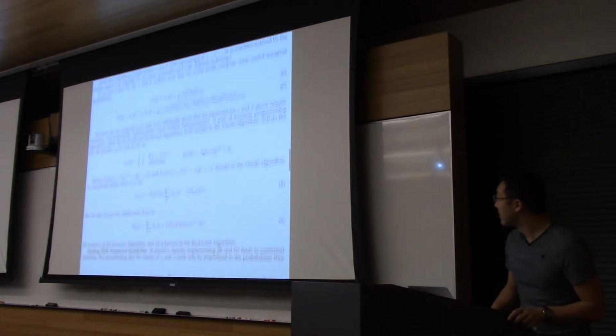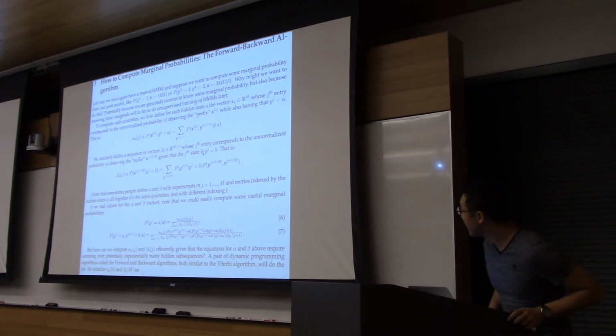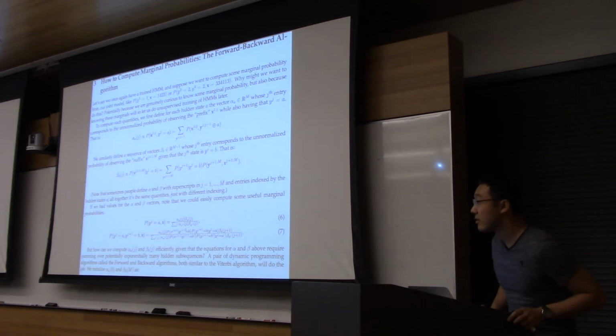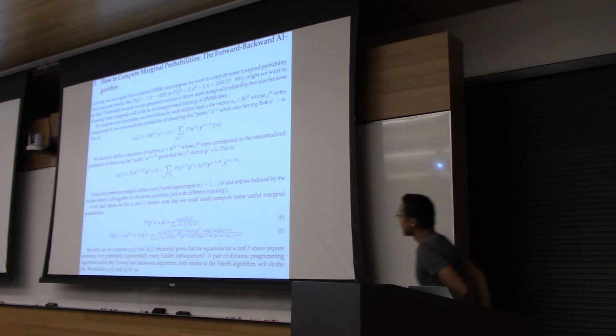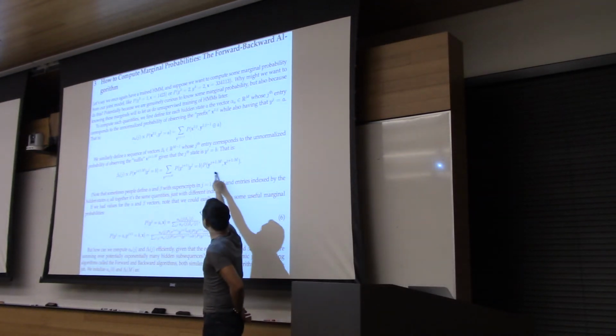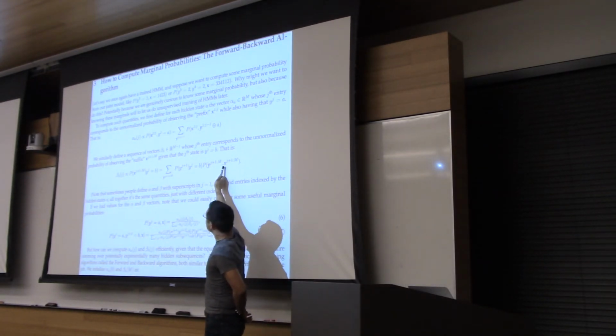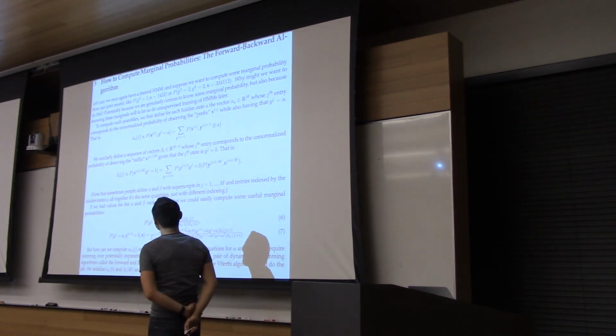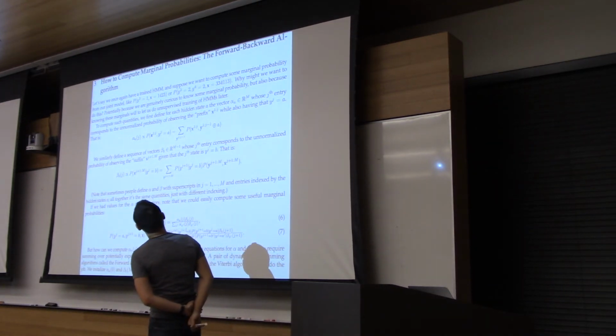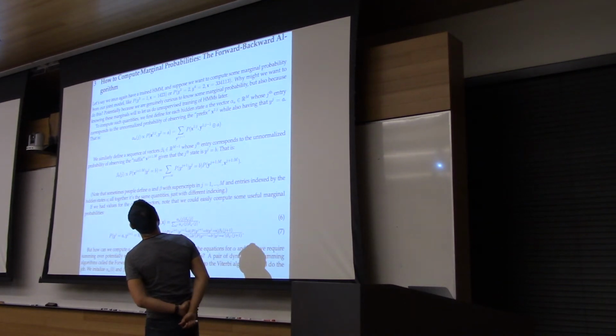Why do you have a joint probability for alpha, but for beta you have a conditional probability? It's joint here. Right, for the first. Oh, right. It's just a. I see.